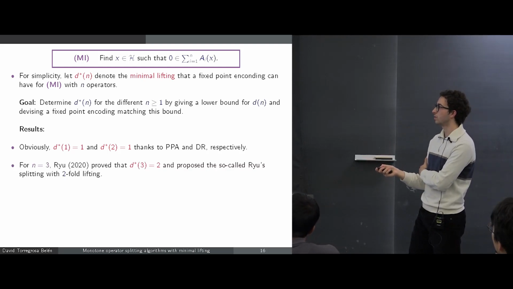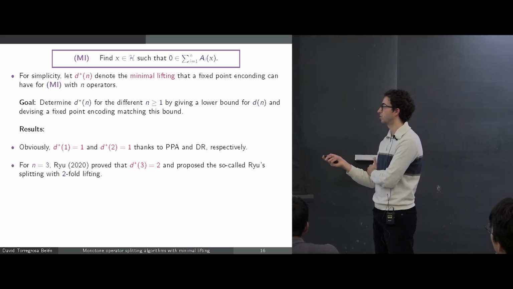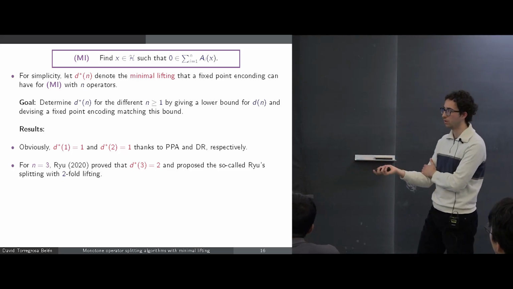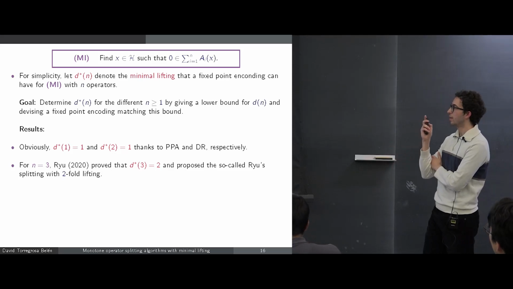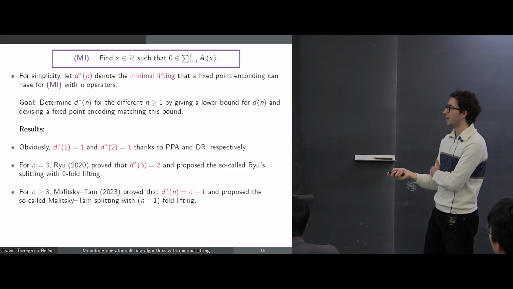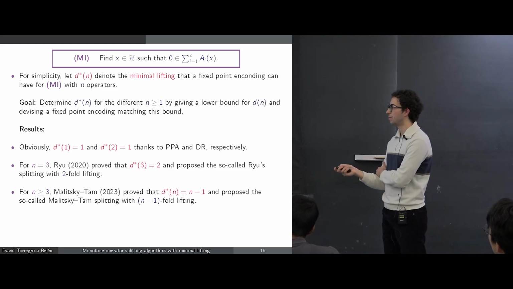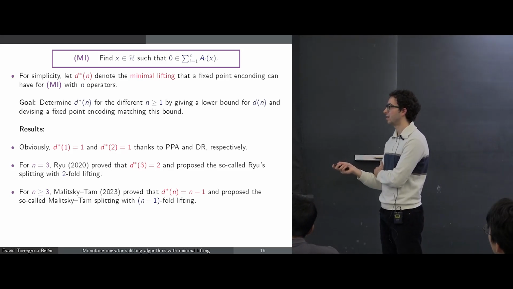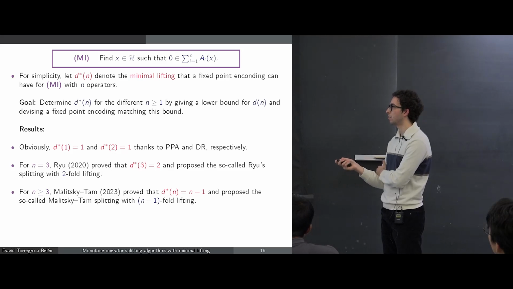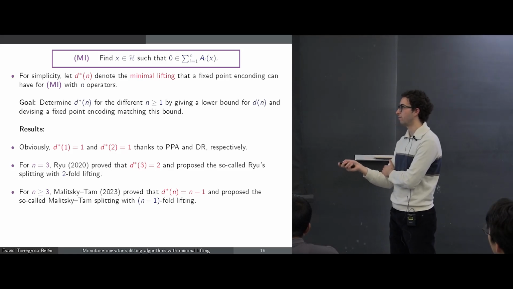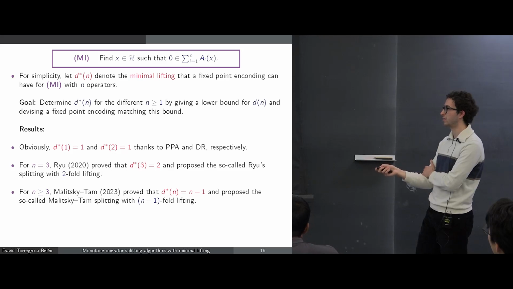For n equals 3, Ryu was the first that in 2020 proved that the minimal lifting has to be 2, and he also proposed the so-called Ryu's splitting, which had 2-fold lifting. And then for the case n greater or equal than 3, Malitsky and Tam gave the result that the minimal lifting had to be n minus 1, and also gave one algorithm that had this lifting.